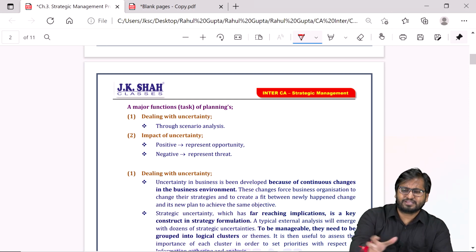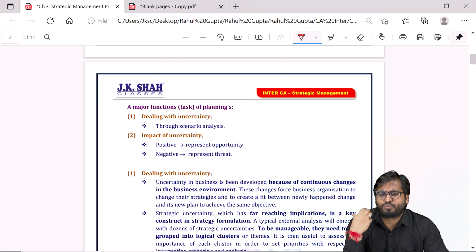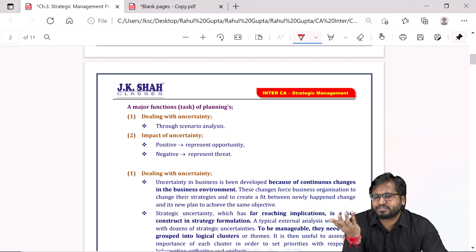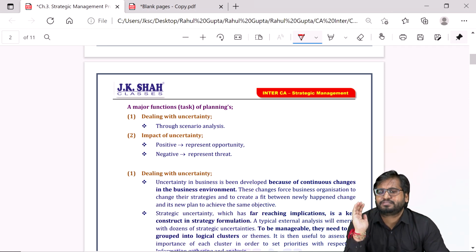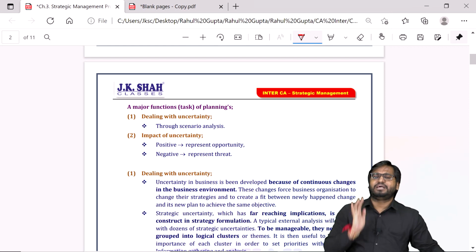The entire scenario of the automobile sector is changing. So these are uncertain times. You don't know what will happen next. So as an organization, I should be planning accordingly so that I am prepared to face the uncertain times. So this is dealing with uncertainty.